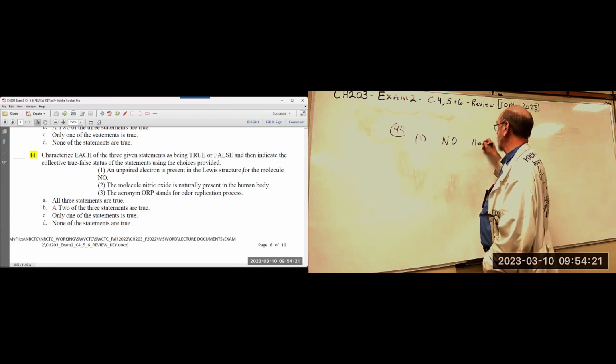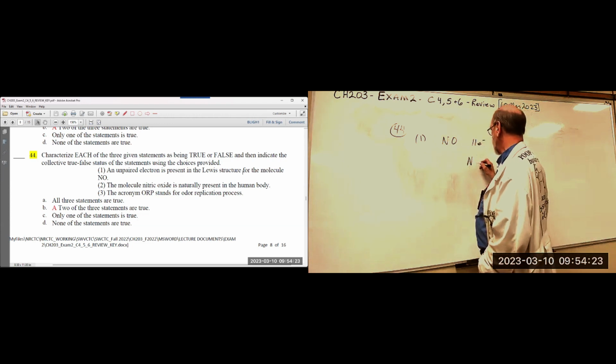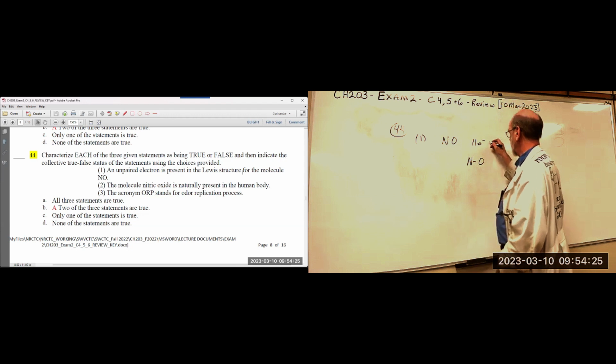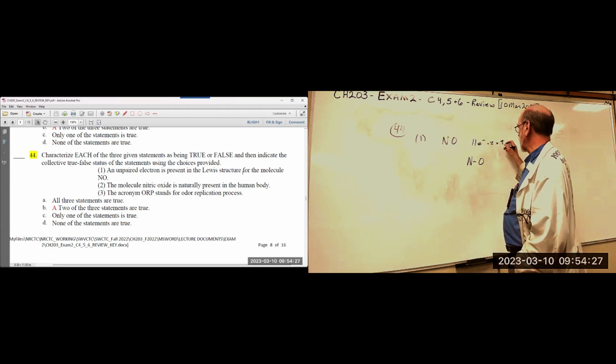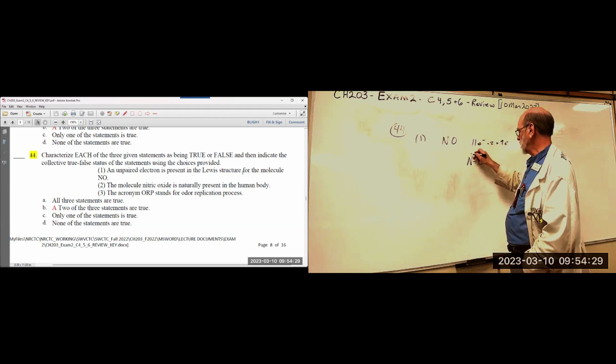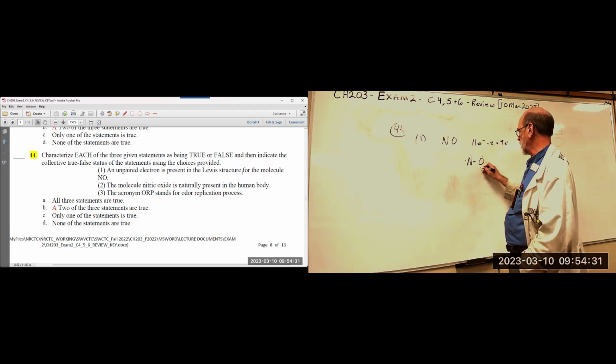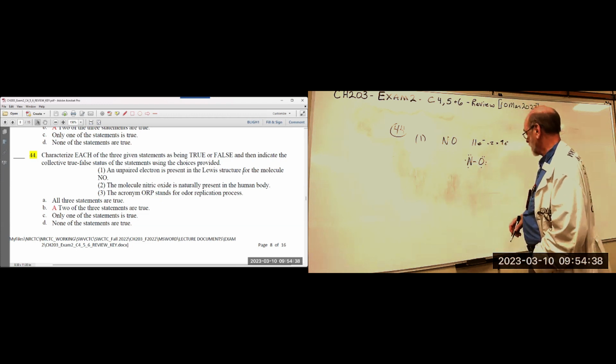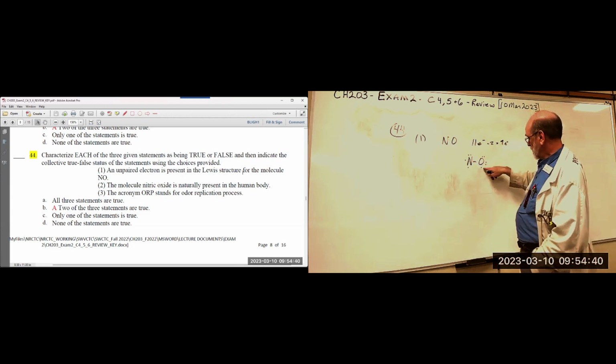So there's 11 electrons total. So NO, okay, minus 2 is 9. We've got 9 electrons left. So 1, 2, 3, 4, 5, 6, 7, 8, 9. Let's see. 1, 2, 3, 4, 5, 6, 7.